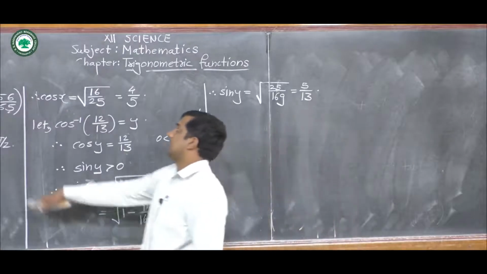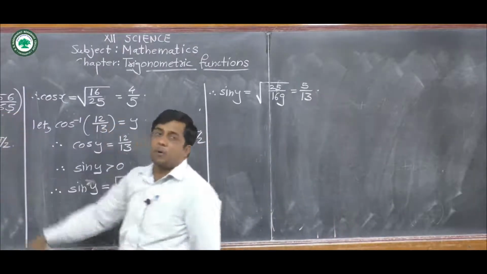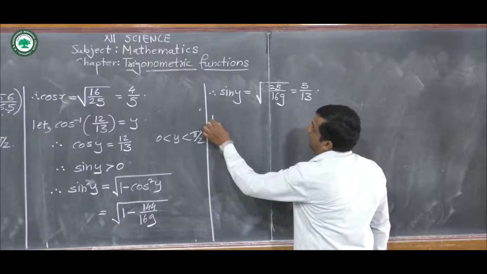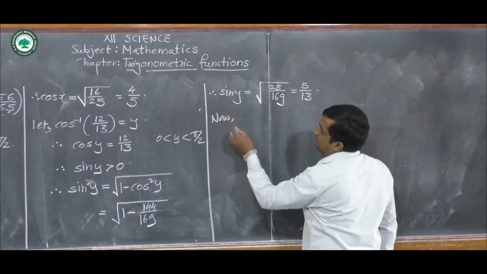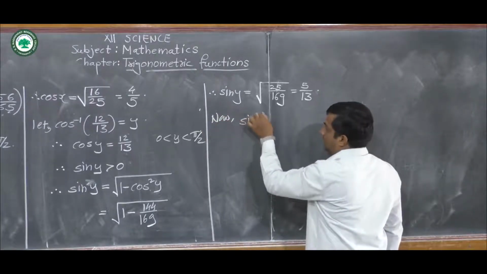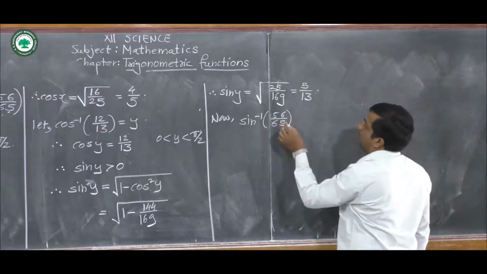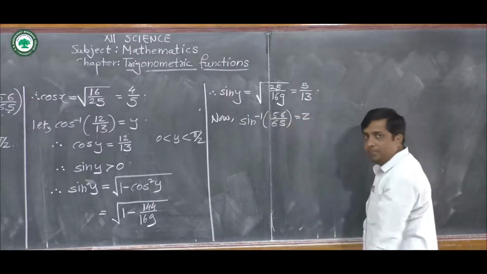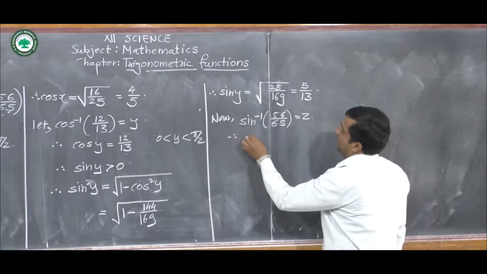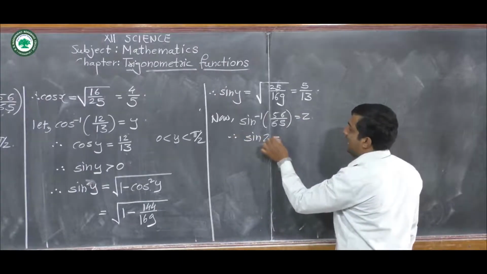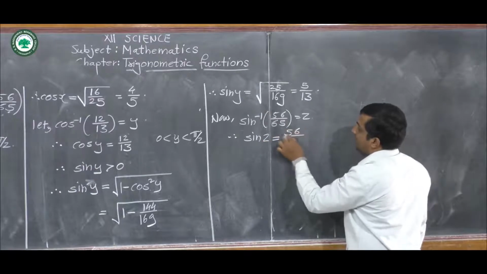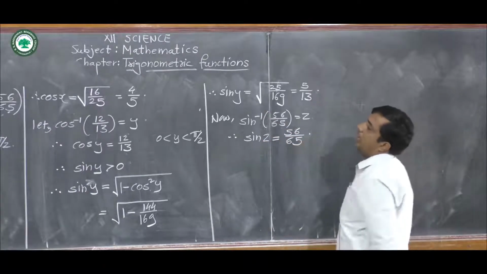Now we consider sine inverse of 56 upon 65 is equal to z. Then by using the definition, we get sin z is equal to 56 upon 65.